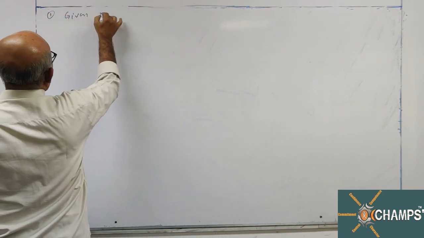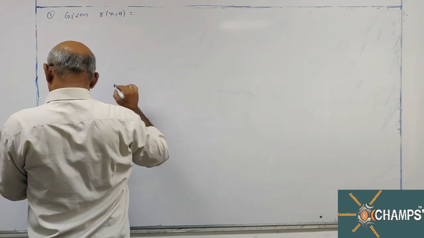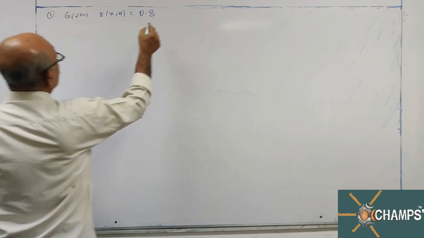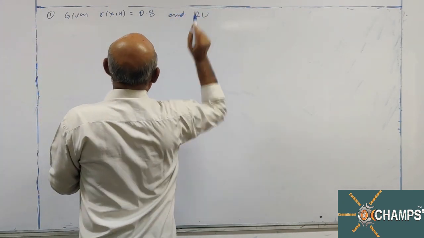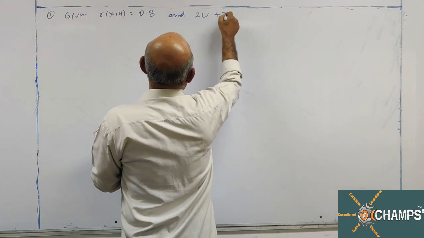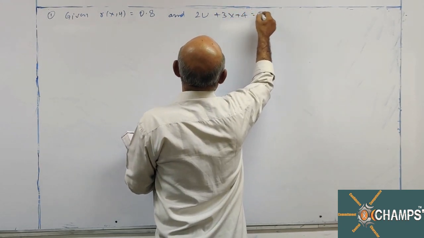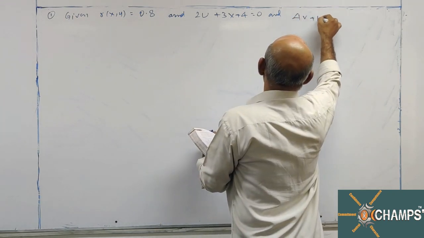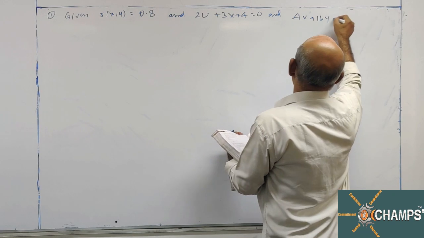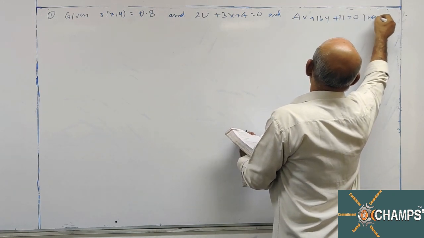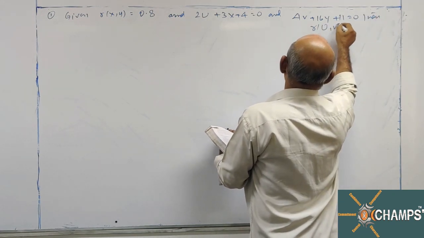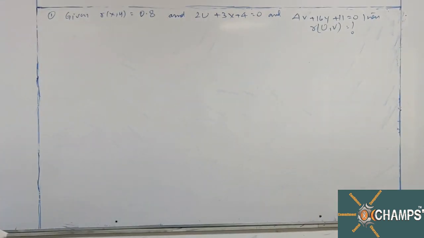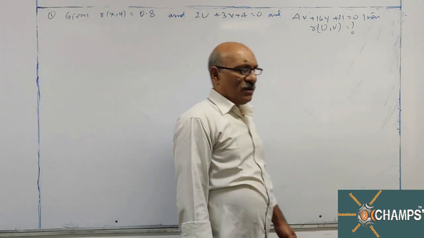Given r of x comma y is equal to 0.8 and 2u plus 3x plus 4 equal to 0 and 4v plus 16y plus 11 equal to 0, then r of u comma v is equal to question mark.